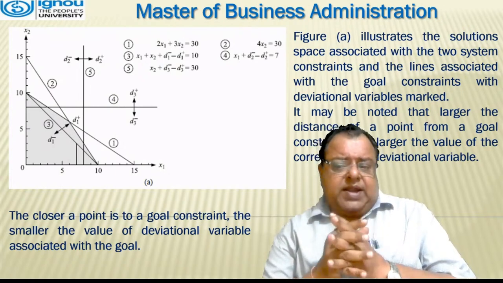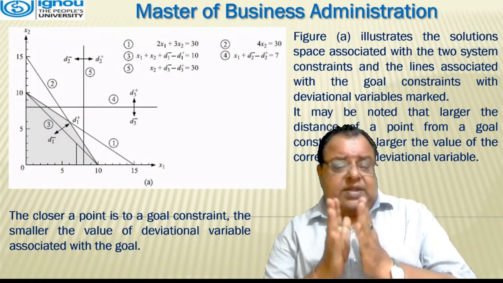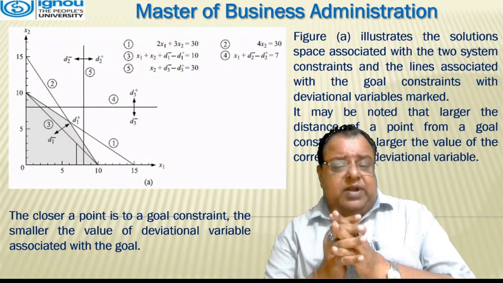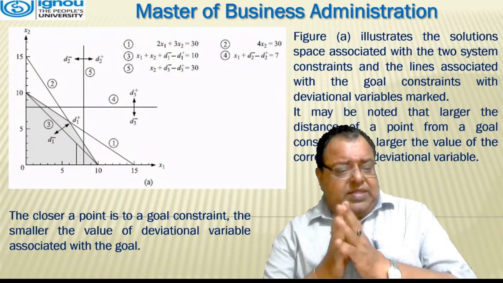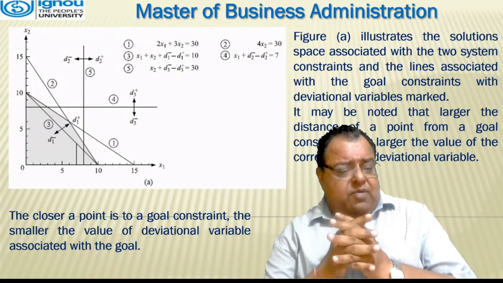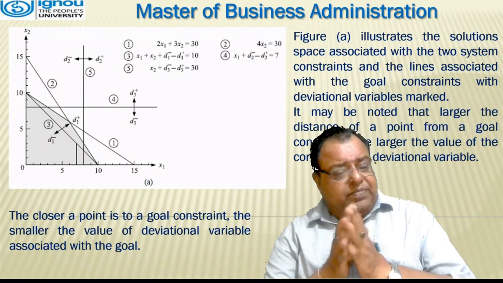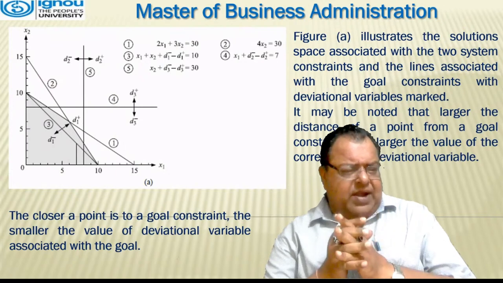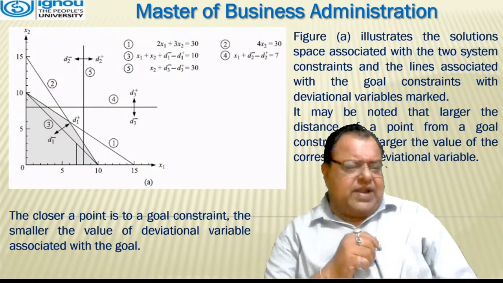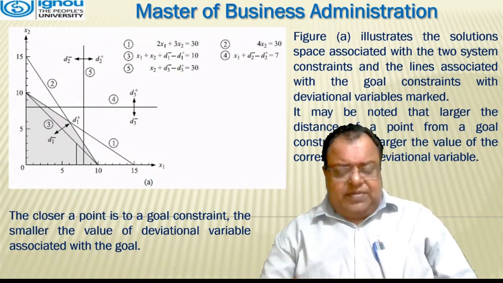It may be noted that the larger the distance of the point from the goal constraint, the larger the value of the corresponding deviational variables. The closer a point is to a goal constraint, the smaller the value of the deviational variables associated with the goal. We can see the gray marked area on the left side of the graphical solution.